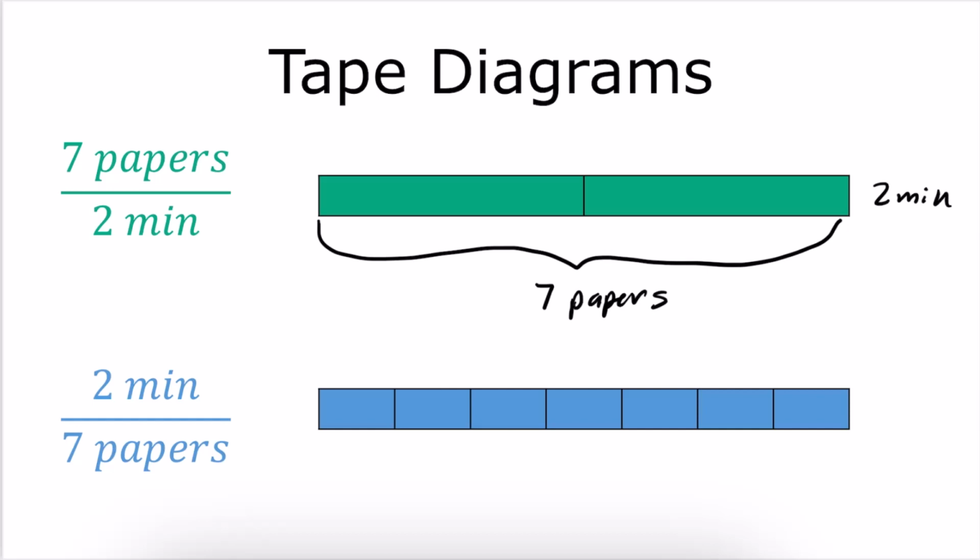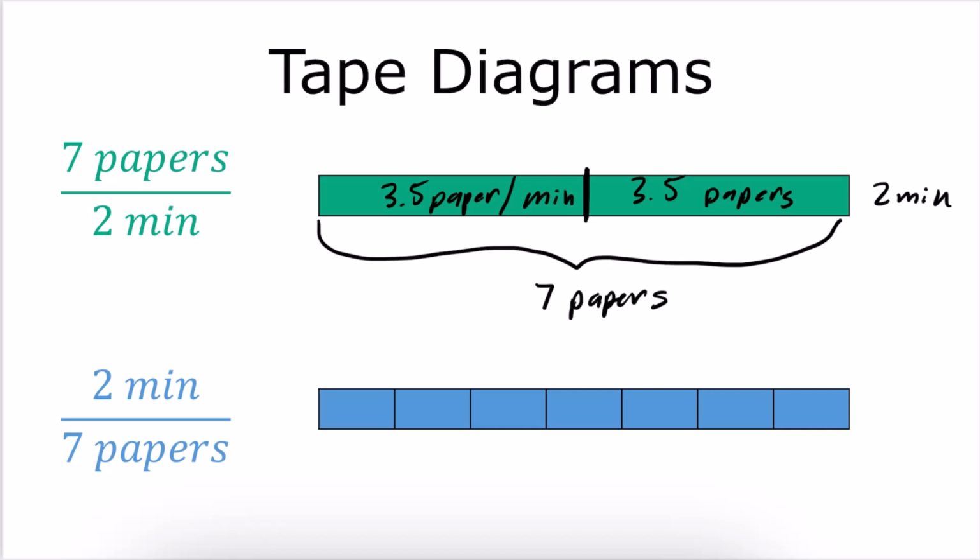So if I want to figure out how many papers I can grade in 1 minute, I just need to split the 7 papers in half. And when I split 7 in half, I get 3.5 papers in each of these little boxes here.